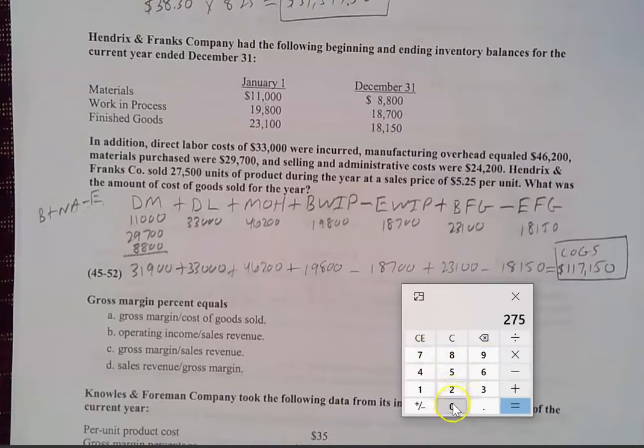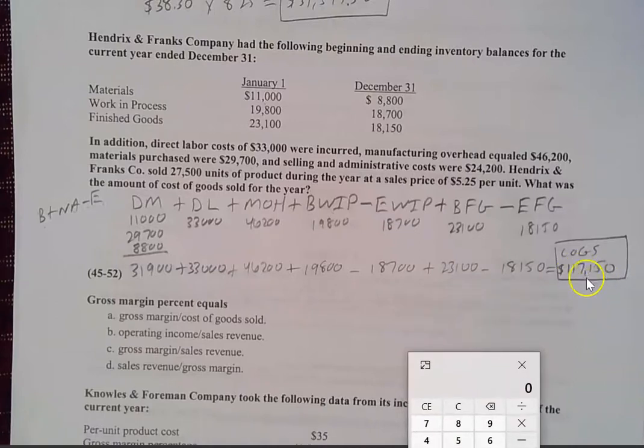But we don't actually have to do that. 4.26. Okay, so I was off by a penny. We don't actually have to do that, though. That's not part of the question. For our purposes, the answer is 117,150.